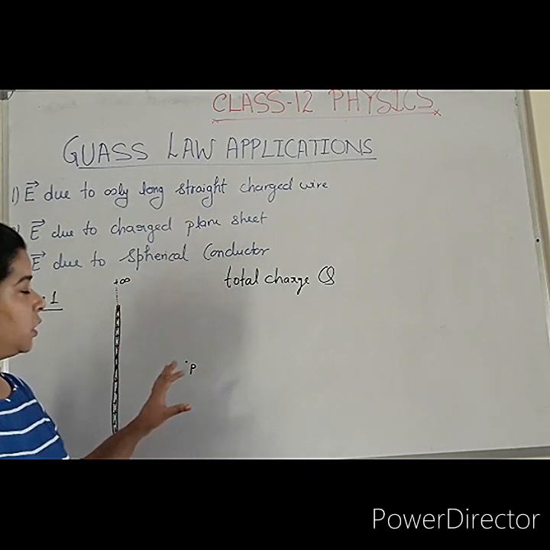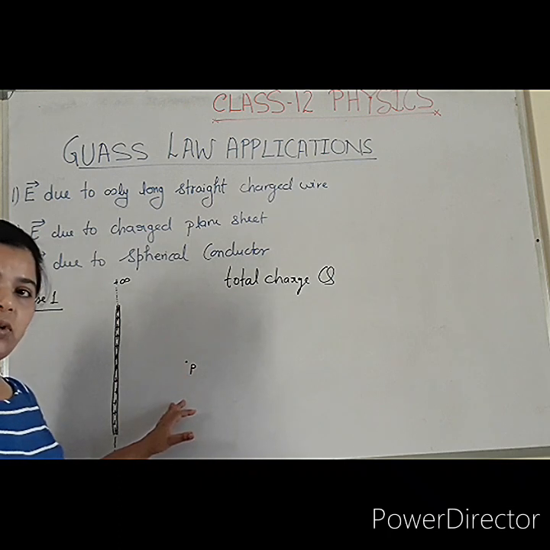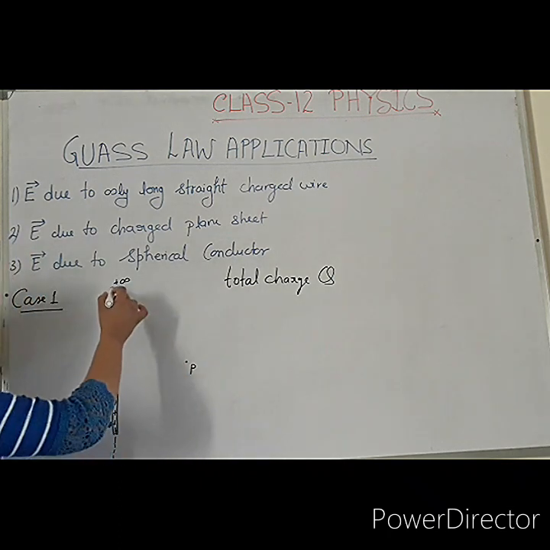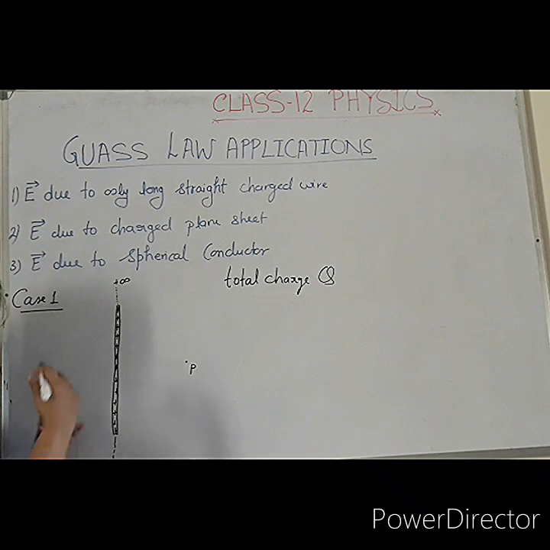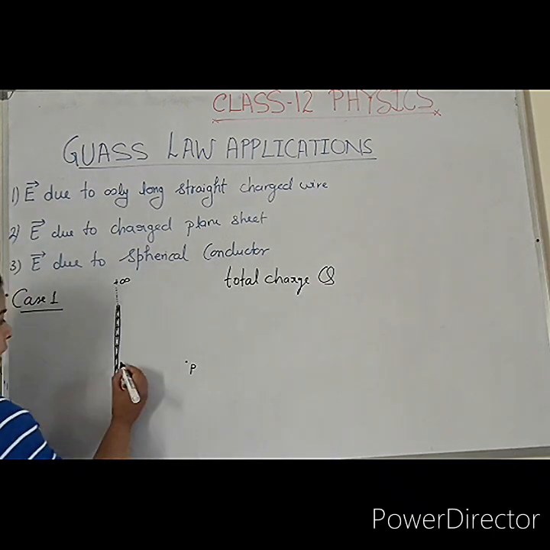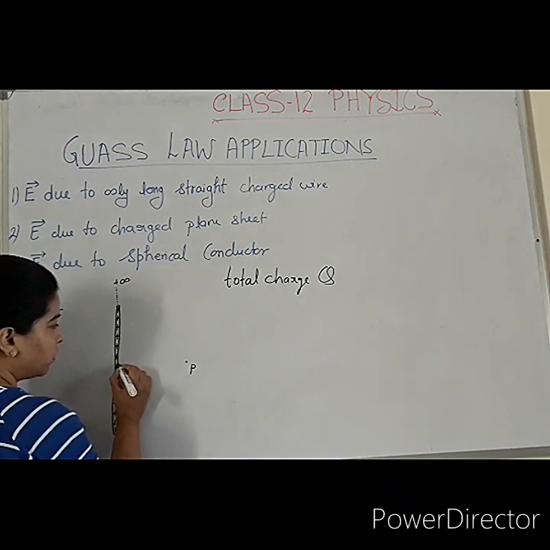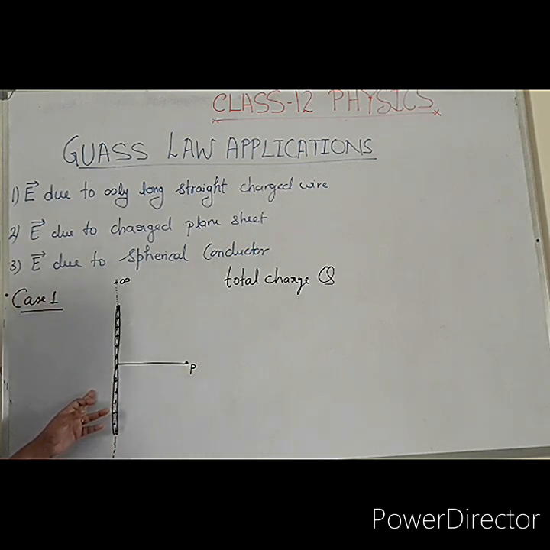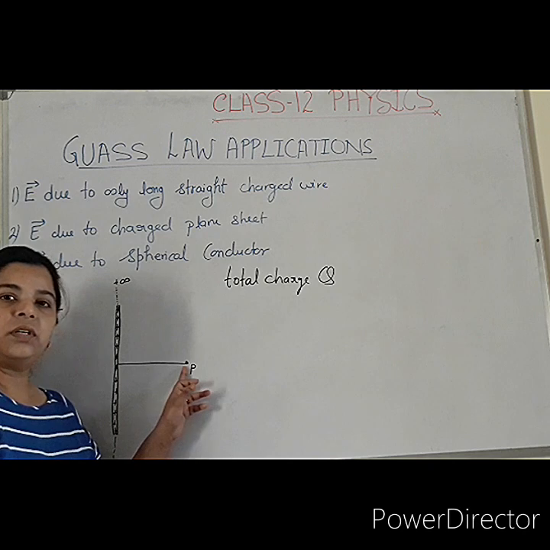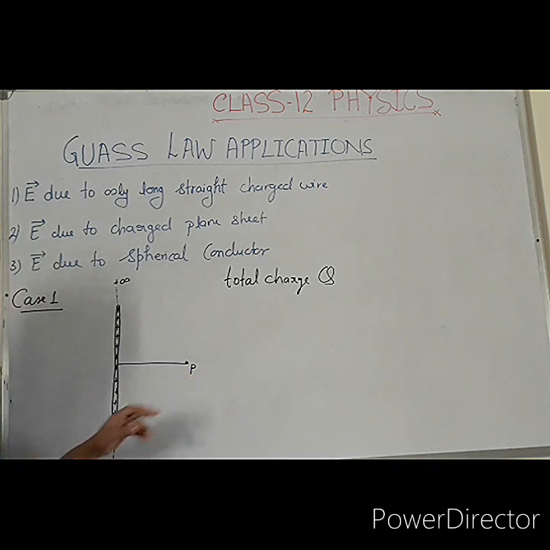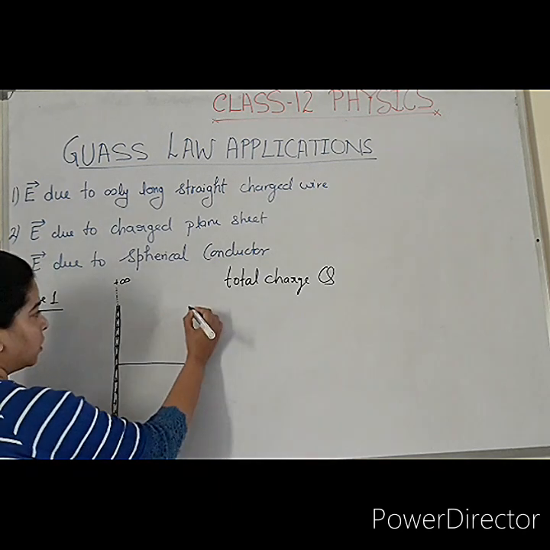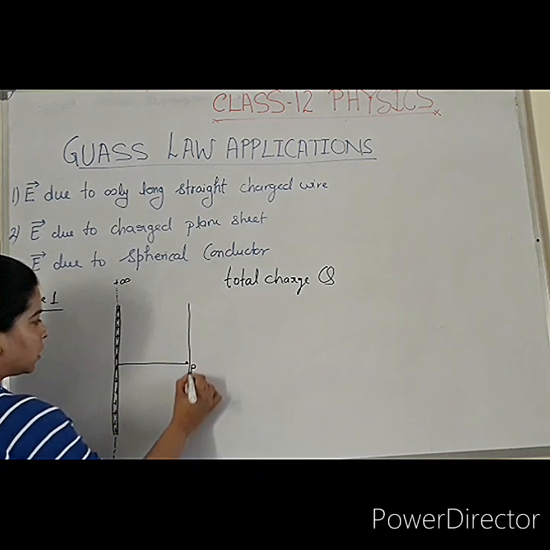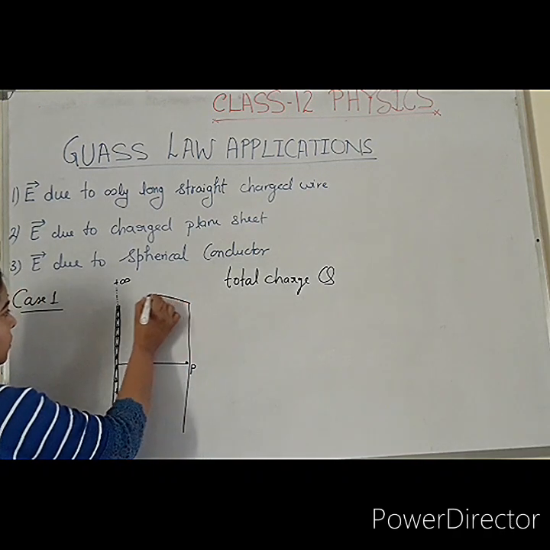But before this, we need to choose a Gaussian surface so that this infinitely long straight wire can be enclosed. So what we can do, we will draw one line from the infinitely long straight wire to the point P where we have to calculate the electric field. Afterward, we will draw a cylindrical shape structure.